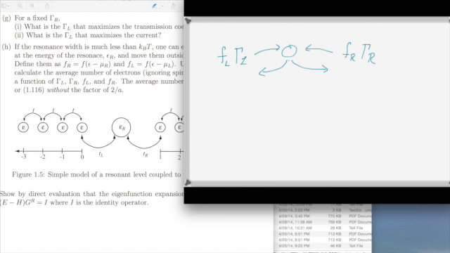What's coming out would be F on the device, gamma left, the rate is the same, times 1 minus F left. And this is, again, F on the device, gamma right, 1 minus F right.